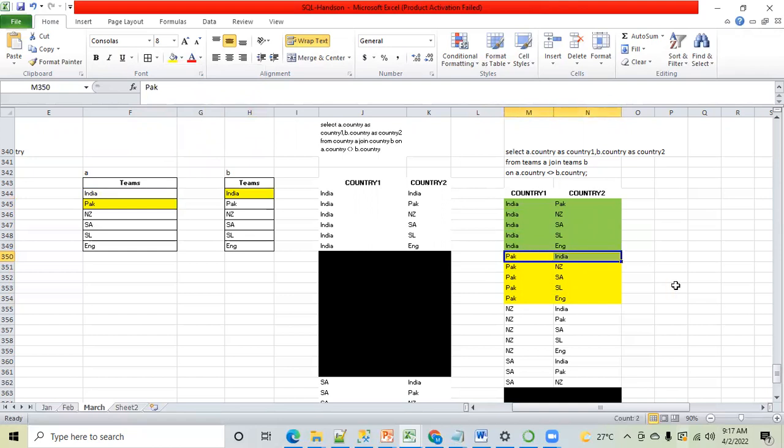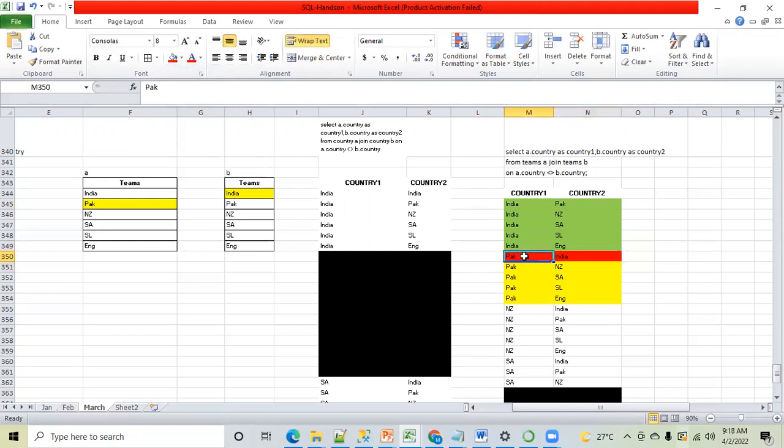Now, is this a correct record or not? No, you should not get that. Why? India already picked this game. India is playing with Pakistan already, right? The India and Pakistan match we have already scheduled, so why are you scheduling this again? That doesn't make any sense. Hope this is clear to everyone. So this record is not required.